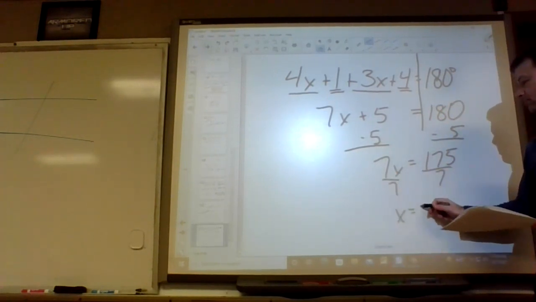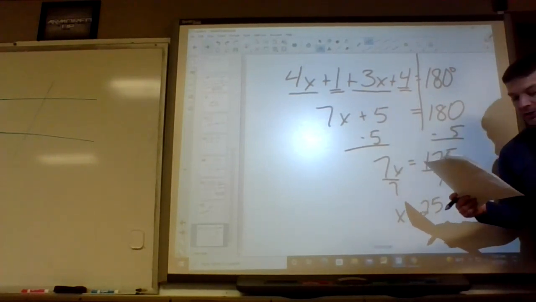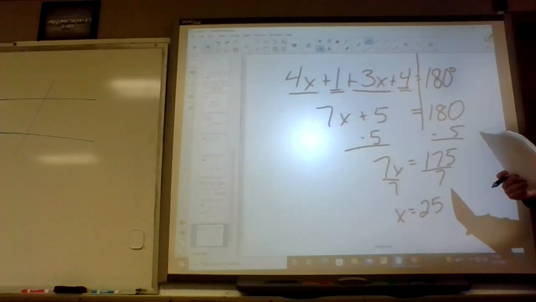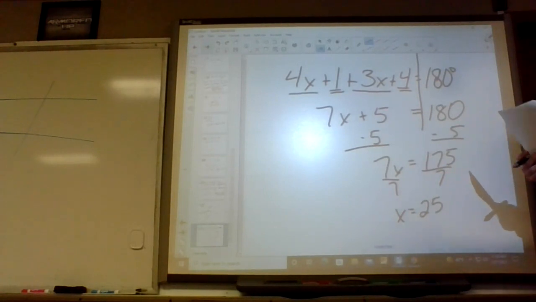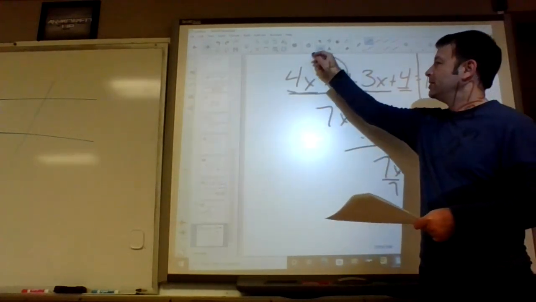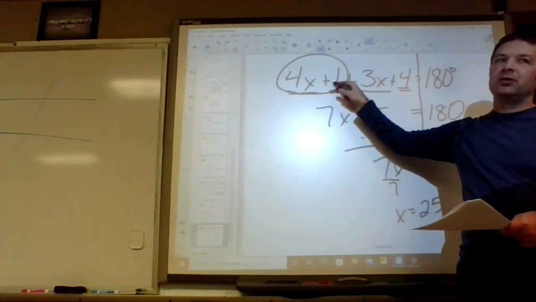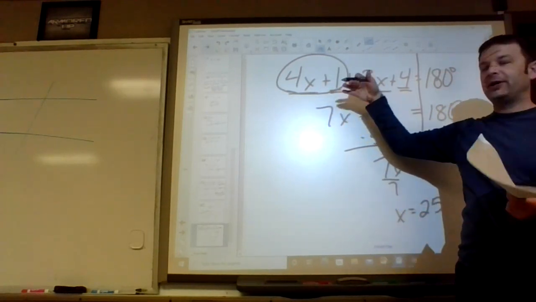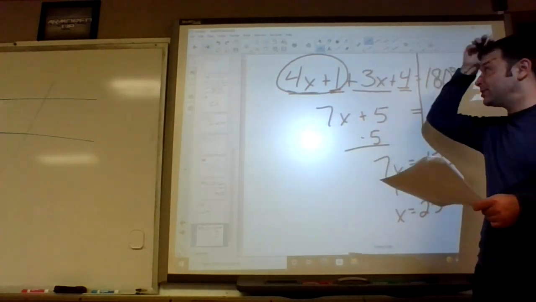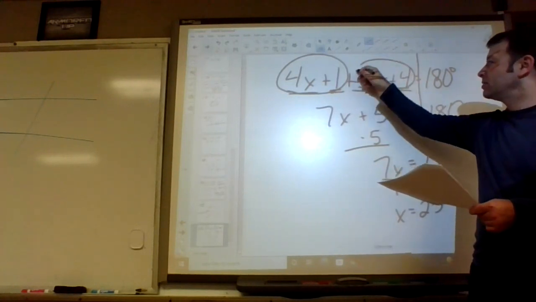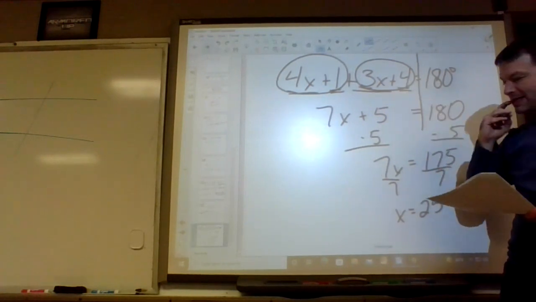Then you plug the x back in. Is 25 the answer? No, we're looking for angle 5. Put it back into angle 6. What's 4 times 25 plus 1? It matches if you put it in the other one. Angle 4 and angle 5 are the same thing, so we probably should have done that one. So 3 times 25 plus 4, 79.